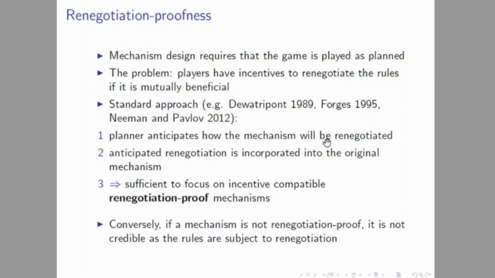In particular, because all mechanisms affect the information of the agents through the process of generating an output, it is unavoidable that the ex post information is different from the ex ante information, and therefore it is quite possible that given this ex post information, the agent would like to change the rules. So that is the question.